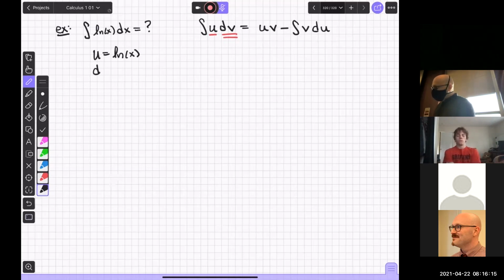Now, dv is everything else that appears in the problem. That means that I have to write down everything that's not the integral symbol. Well, what's the only thing that's not the integral symbol in this problem? dx. That's the only thing that's not the integral symbol. Okay, now our next step is to look at what this theorem will require us to also write down.